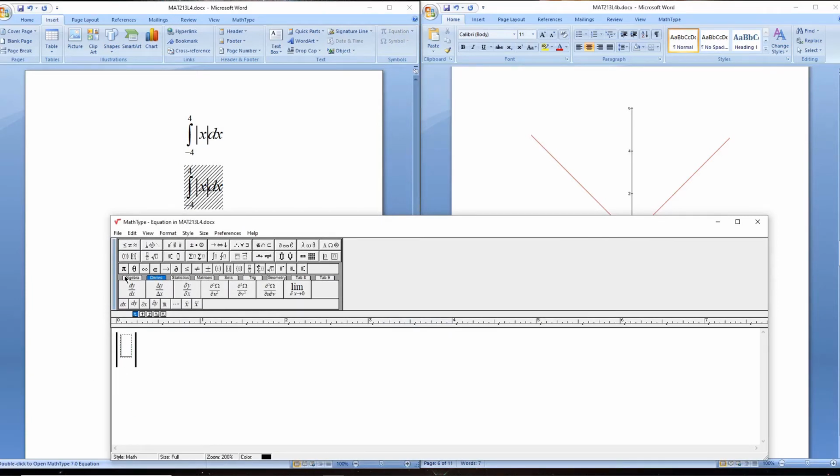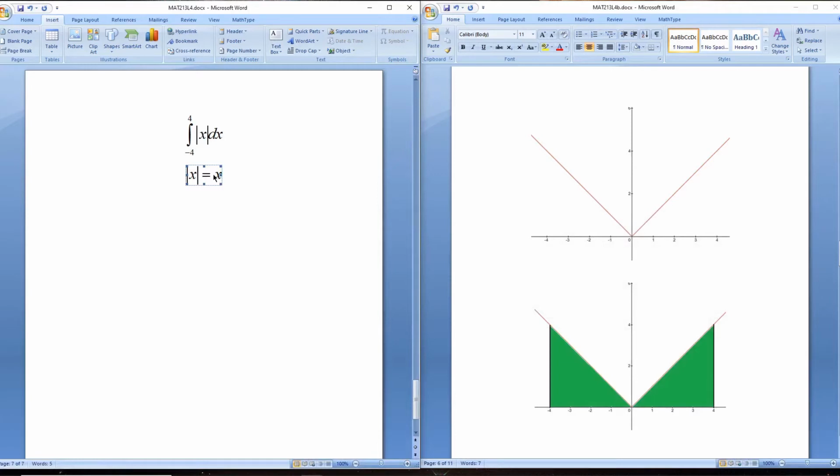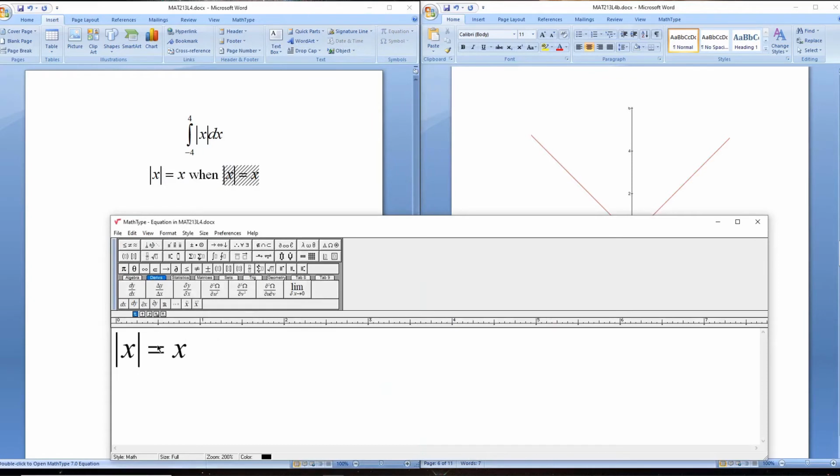And remember, the absolute value sign you can always break down into 2 equations. So we can say the absolute value of x equals x when we know x is positive.